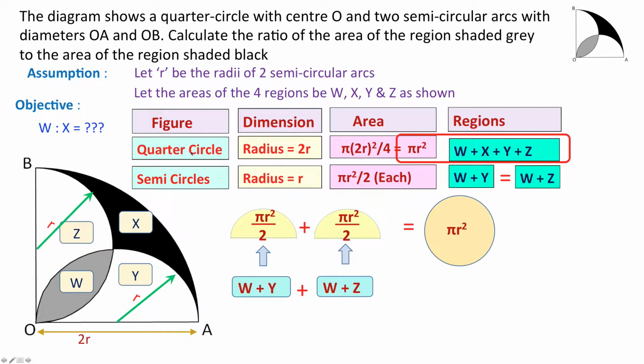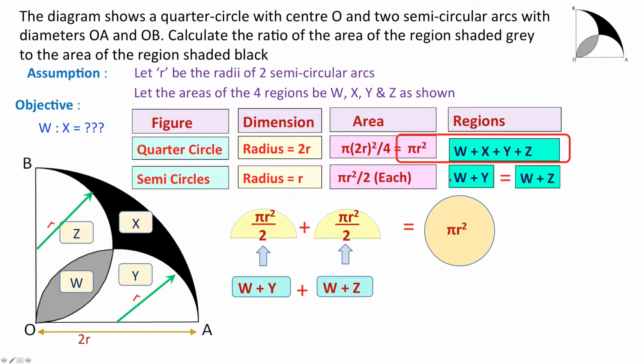It may appear to be coincidental, but they design the problem in such a way that if you are able to do a bit of visual manipulation, things will fall in place. And that's what is falling in place. The sum of the two semicircles happens to be equal to the area of this quarter circle. Pi r square is same as this area.